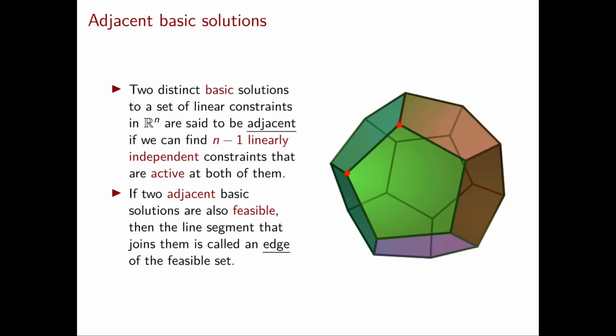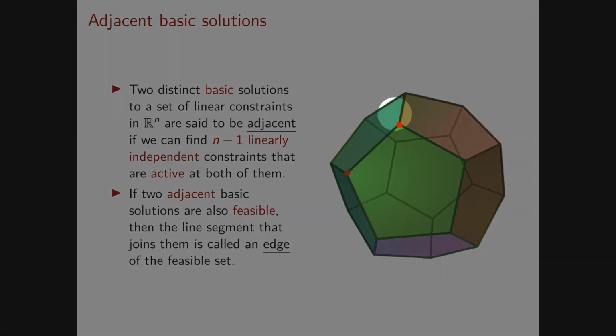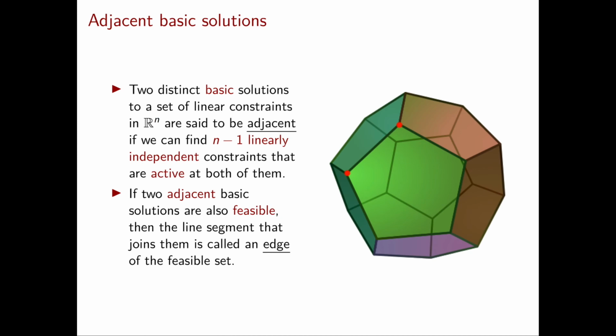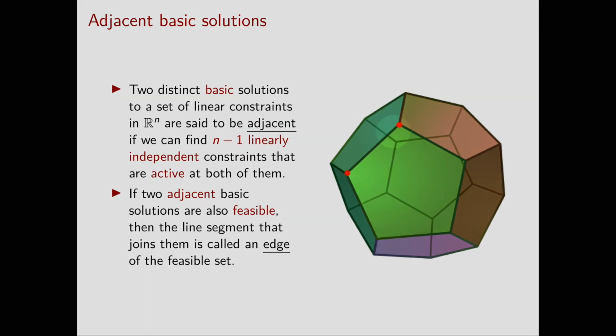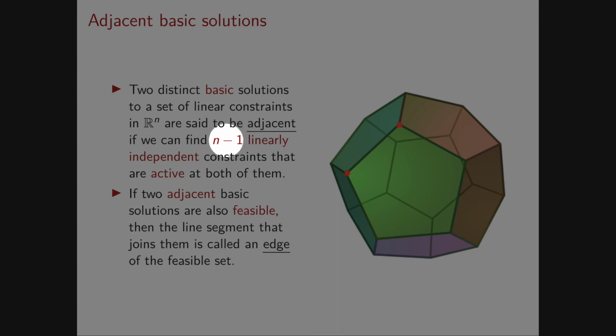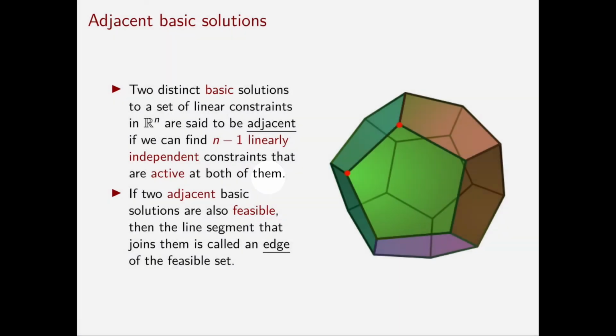Here we have a higher dimensional example. It's a three-dimensional polyhedron. I have highlighted here in red two basic feasible solutions, and they are adjacent. In fact, in this case, there are 3 minus 1 equal to 2 linearly independent constraints that are active at both of them.